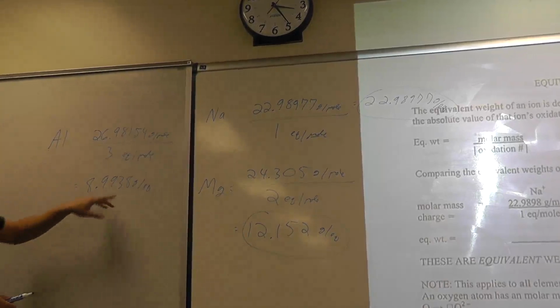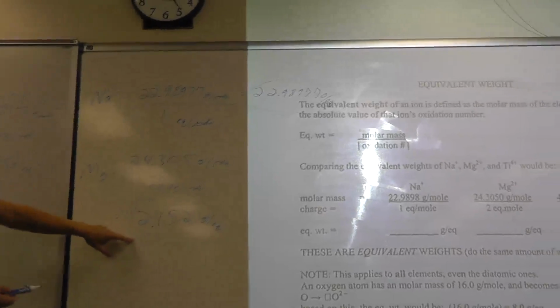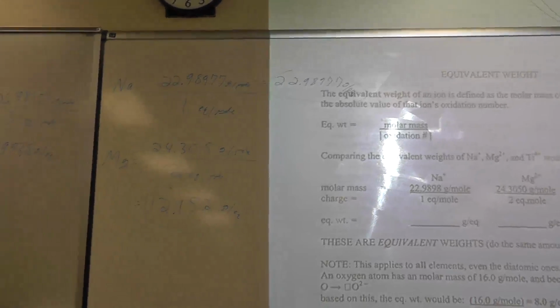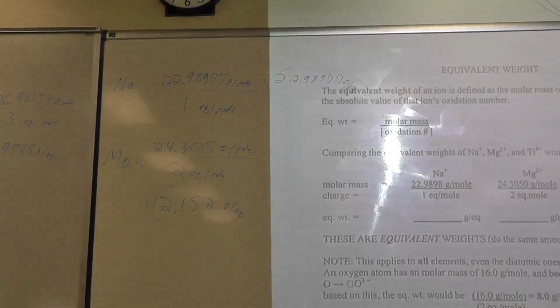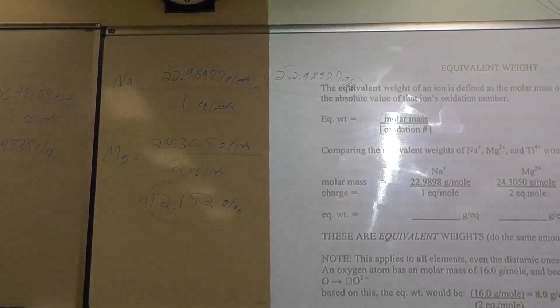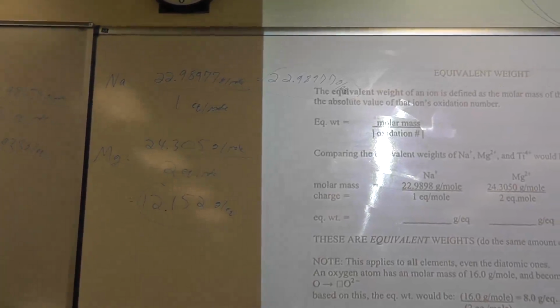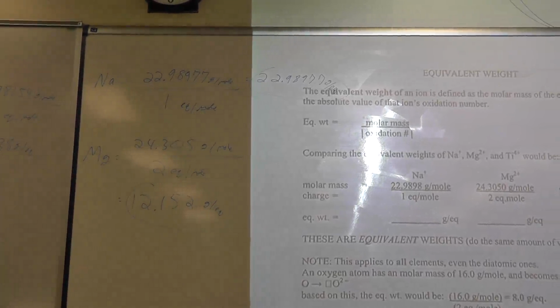Rounding these off, 9 grams, 12 grams, 23 grams. Basically, 9 grams of aluminum would do the same amount of work as 12 grams magnesium or 23 grams sodium. Question about that? Those are equivalent weights. Those weights would perform the same amount of work.